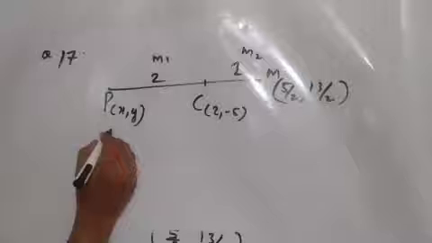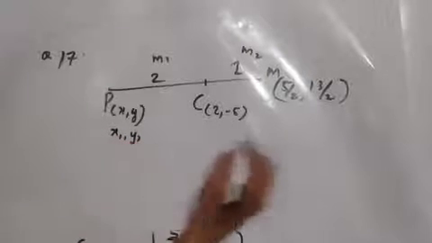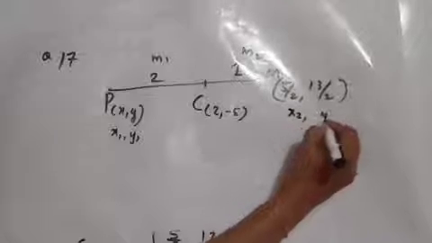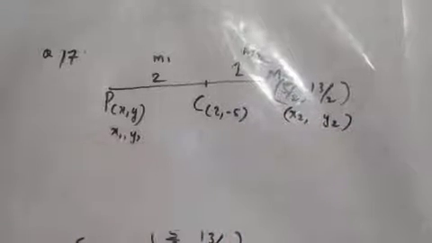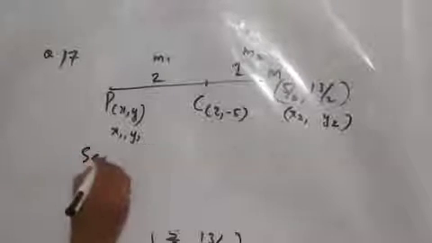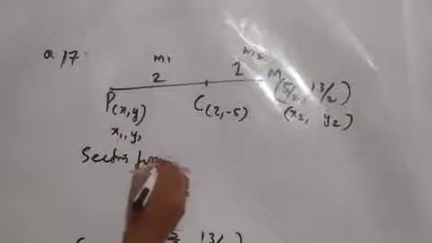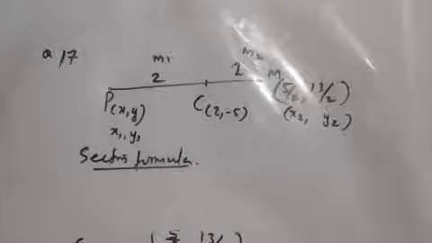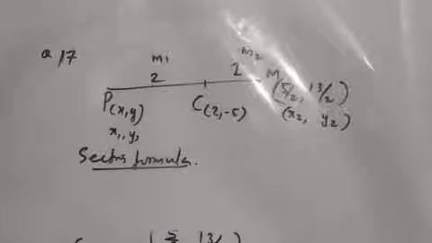And let P(x, y) be (x1, y1) and M (5 by 2, 13 by 2) is (x2, y2) and C is the point, no? So we can apply the section formula to find the coordinates of P. How can we obtain that point P?